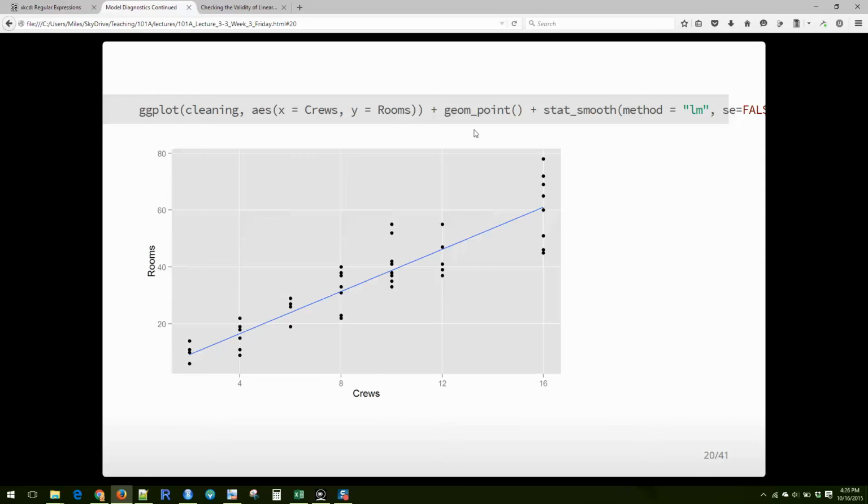Just from looking at this plot, we can see non-constant variance. But in case it wasn't super obvious in a plot like this, we have diagnostic plots that will also help us identify non-constant variance.